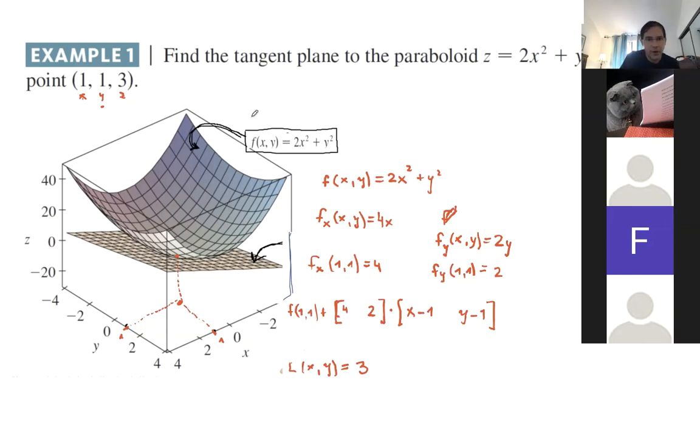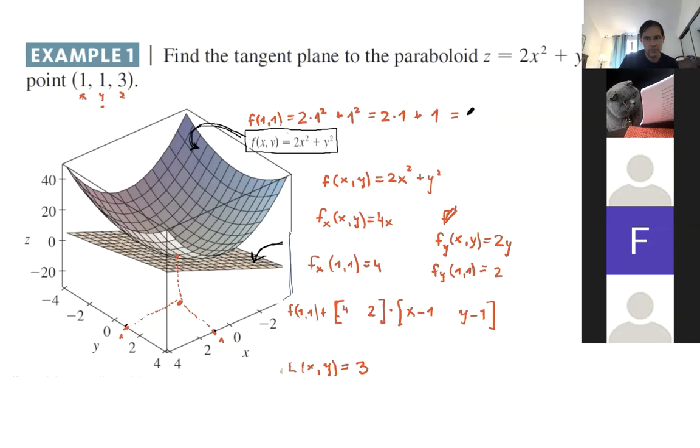See, f of 1, 1 is, let's see, 2 times 1 squared plus y is also 1, so 1 squared. So this is 2 times 1 plus 1, because 1 squared is 1.